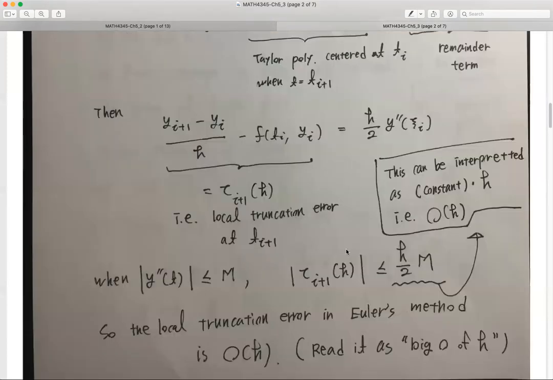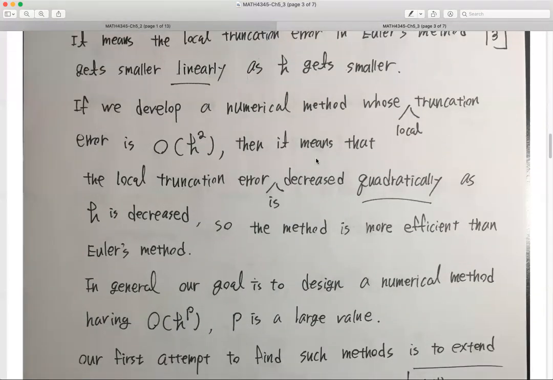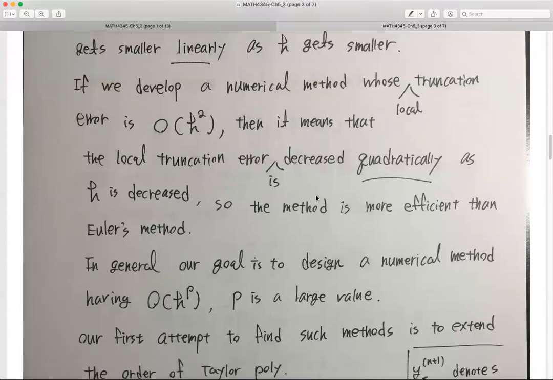Okay, so let's see. It means the local truncation error in all those methods gets smaller linearly as h gets smaller. That's what I said. So if you develop a numerical method whose local truncation error is big O of h squared, then the local truncation error decreases quadratically as h decreases.